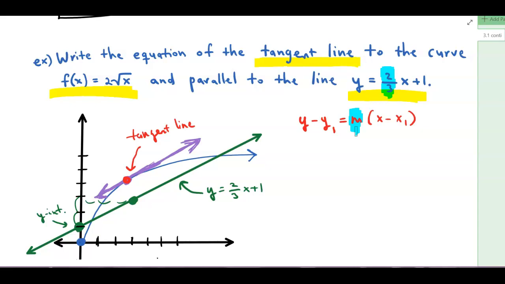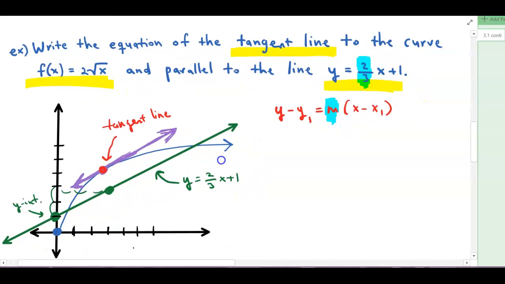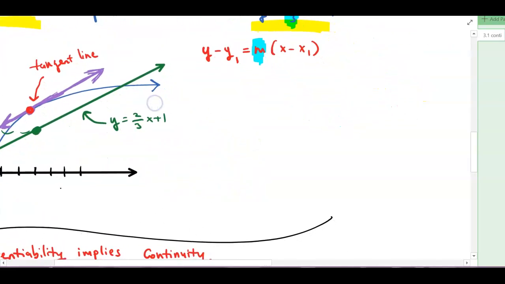Well, we also know how to find the slope function. We know how to find the derivative. So let's start with that. How do we find the derivative? So we're gonna say, to find the slope, the derivative, the more times you write that formula, the more you'll remember how it goes.